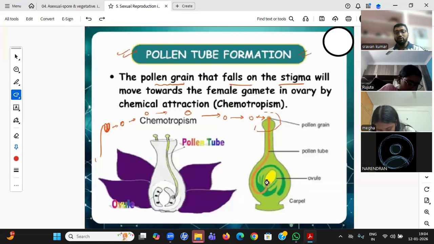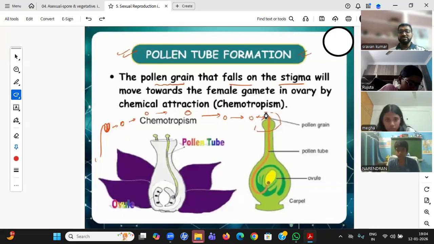This particular ovule will spread some chemical with a sweet smell. Obviously, the female gamete is producing the sweet smell. The pollen grain over here will try to make a duct and move inside slowly, and ultimately reach the egg cell.